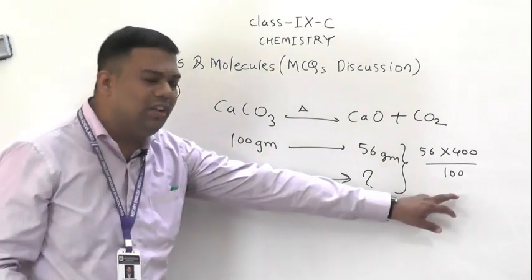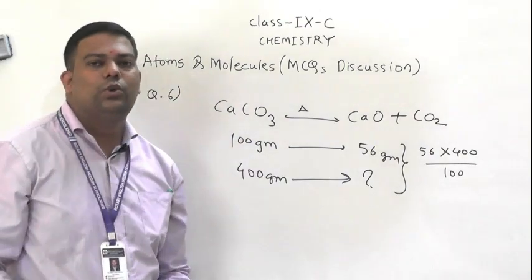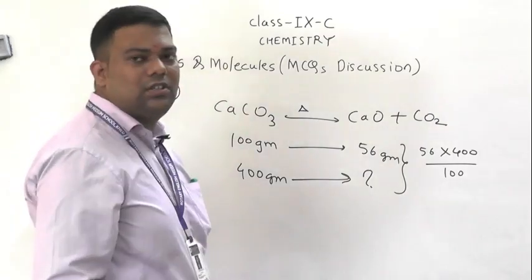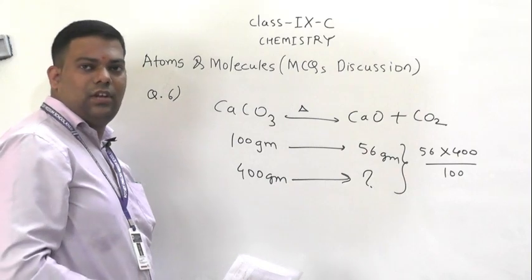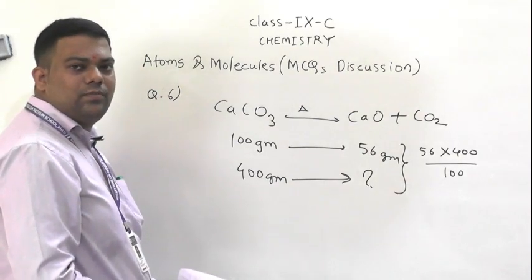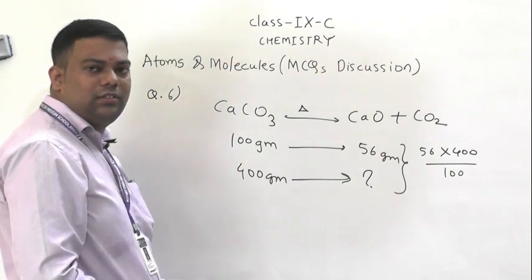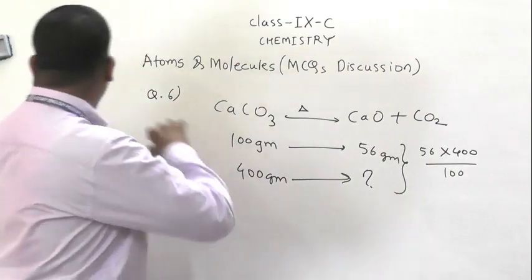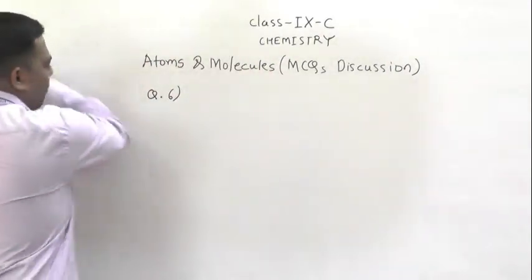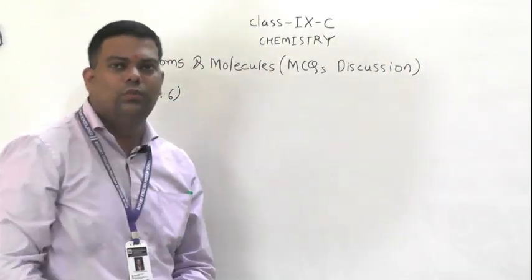So after solving this, you will get the answer, what? 224. So your option is A. You must calculate in your notebook; whatever rough work you have to do, do it in your notebook only. Okay. So this is the option you will get after solving, that is 224.